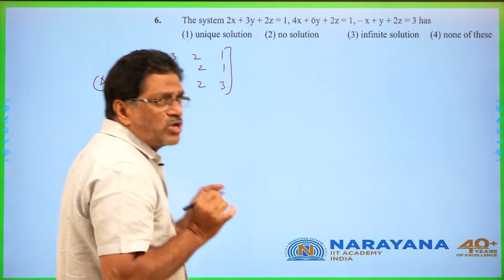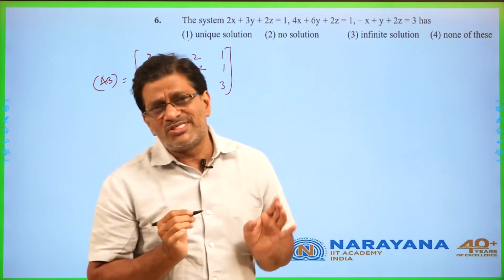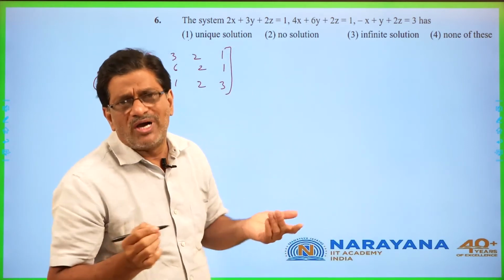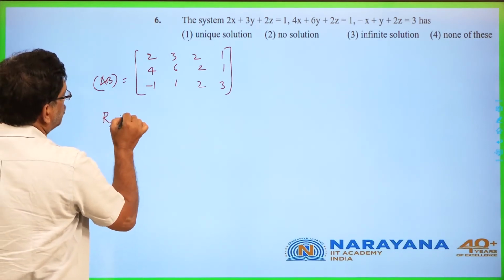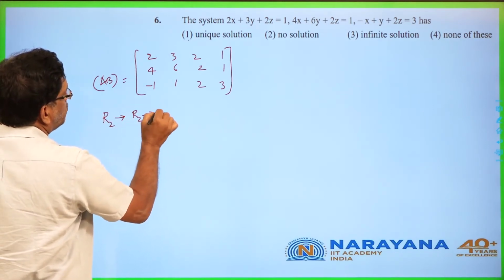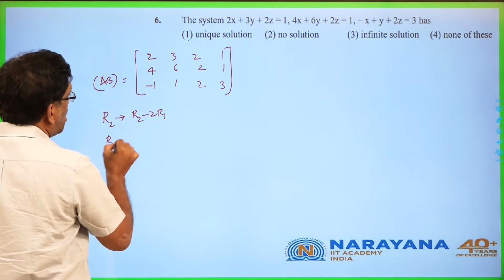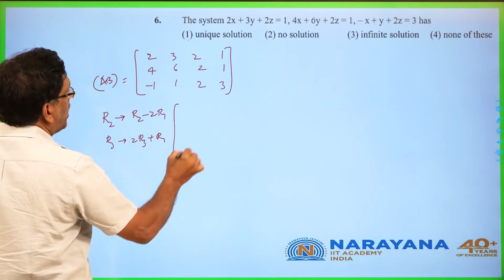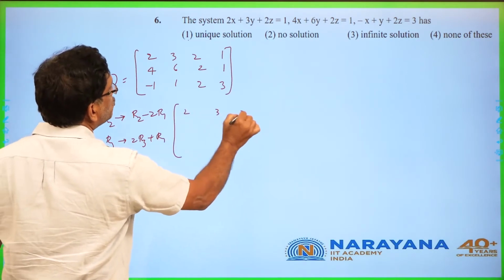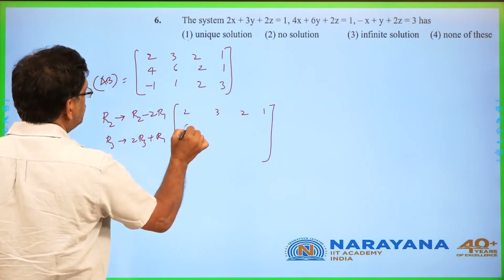Remember, you can do it by Cramer's rule procedure or rank procedure. Whatever you like, you apply that one. It is R2 goes to R2 minus 2R1, R3 goes to 2R3 plus R1. Thereby, it is 2, 3, 2, 1, 0.